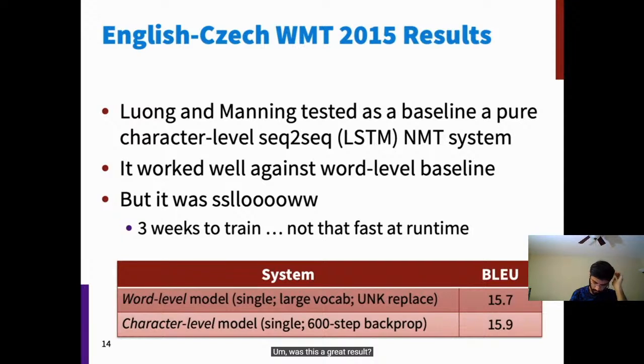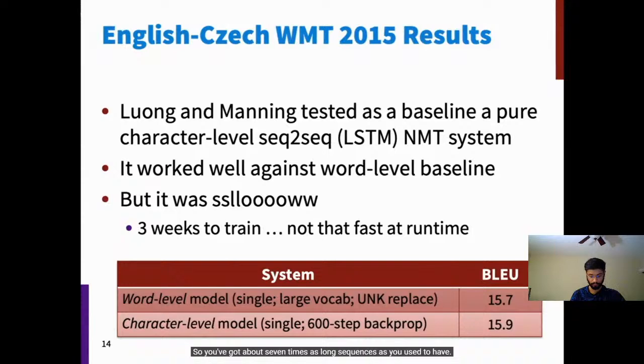Was this a great result? In some ways, yes. In another way, no. This model was truly terrible to train. It took about 3 weeks for us to train this model, and at runtime, it also worked very slowly. The problem with character level models, if you're putting them into something like an LSTM, is your sequences get way longer, right?